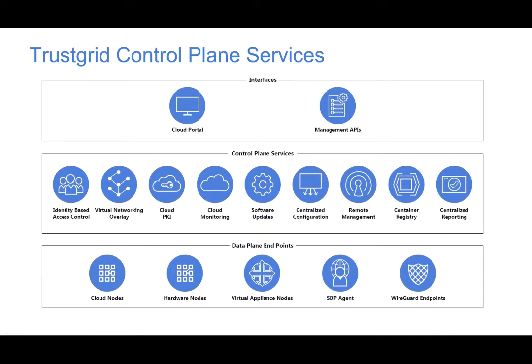Our virtual network overlay is centrally controlled from the cloud, including control of all routing tables on all Trustgrid endpoints on the network, which enable dynamic routing and easy integration into cloud routing tables such as Amazon. Trustgrid runs a PKI to ensure no pre-shared keys are used on any Trustgrid nodes in the network, and manages all of the certificate enrollment, revocation, and renewal processes automatically.